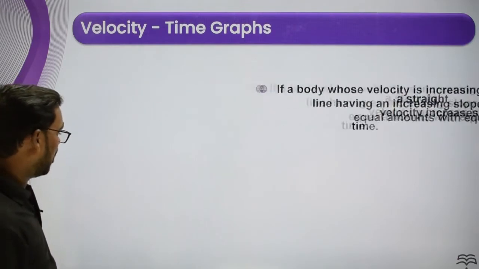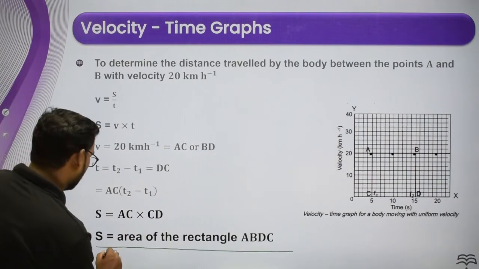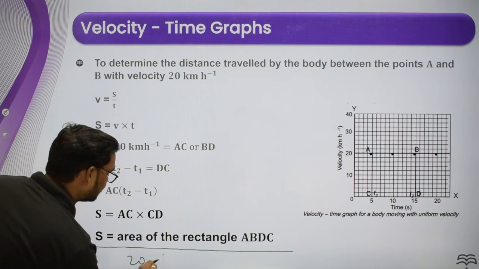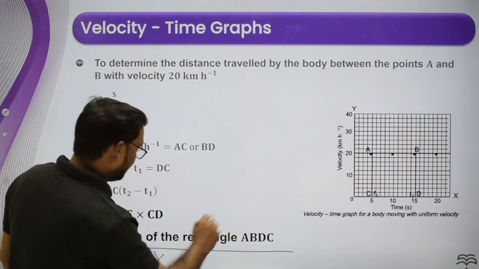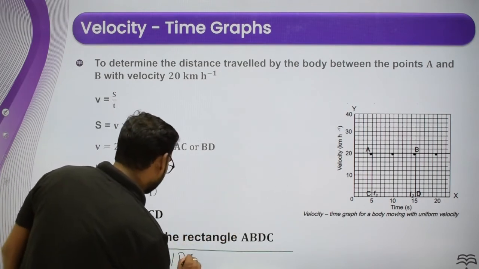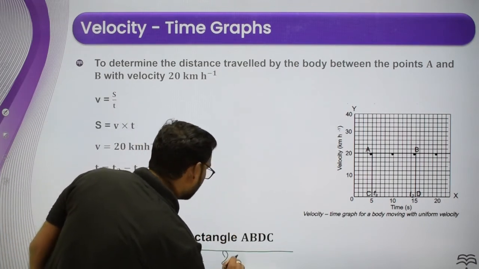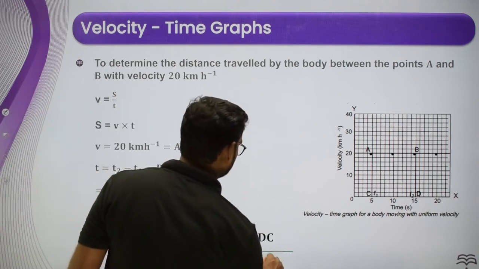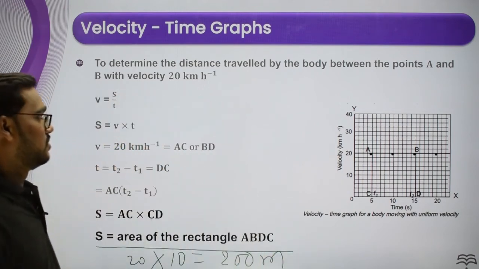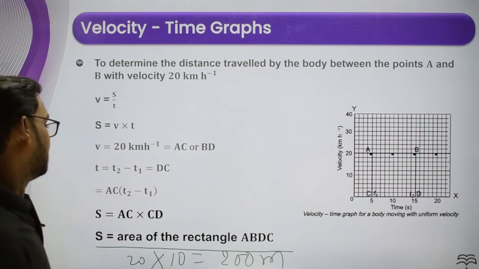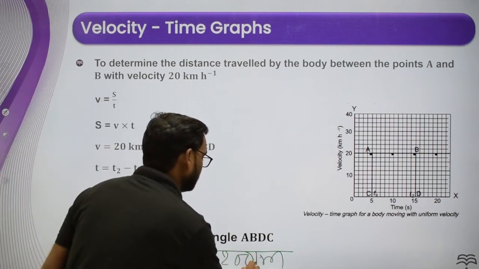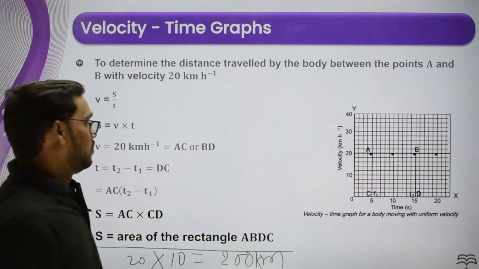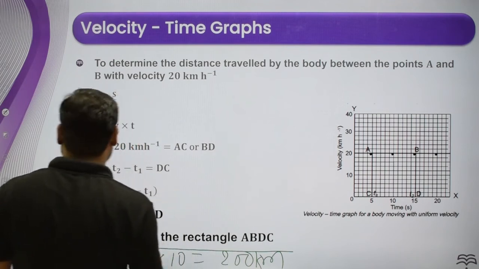That is equal to 20 multiplied by 15 minus 5. So this is 10, and you can say this is 200. This is 200 meter. Okay, but the information is in kilometer, so you can't multiply it directly.